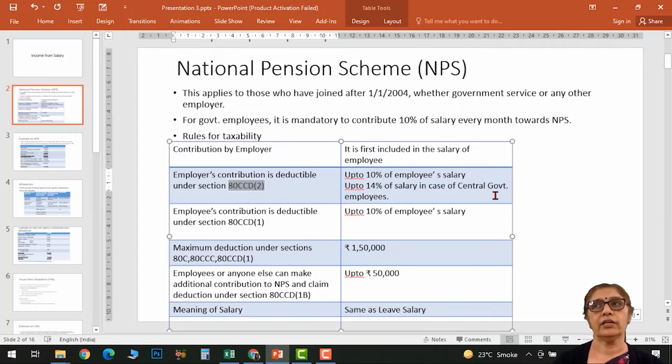But it is limited to 10% of employee's salary in case of a non-government employee and 14% of employee's salary in case of a central government employee. So you get a deduction of 14% of your basic, DA and commission if you are a central government employee, otherwise you get a deduction of 10%.